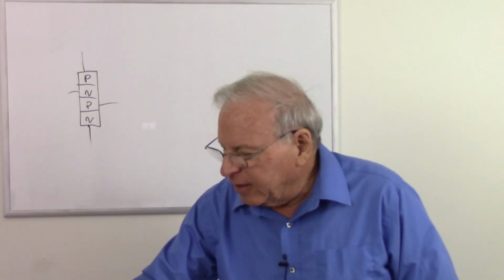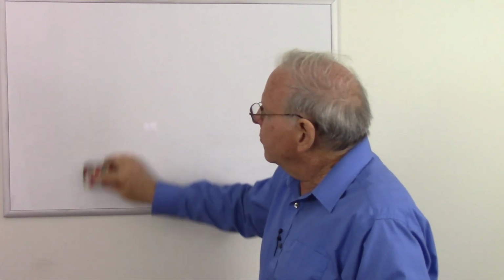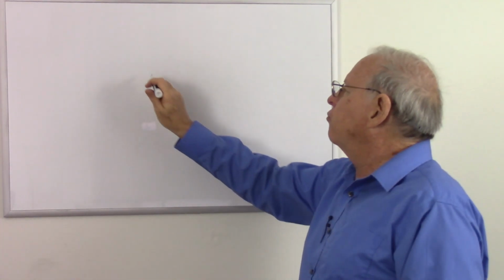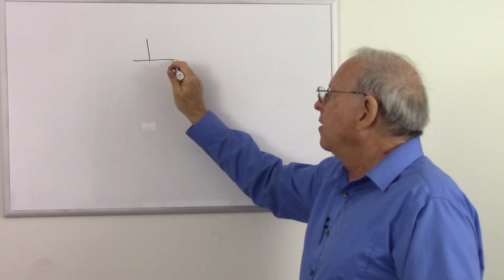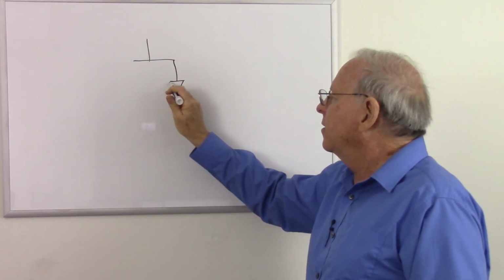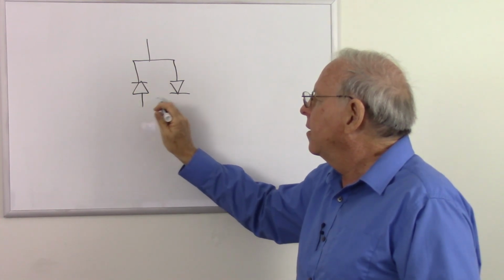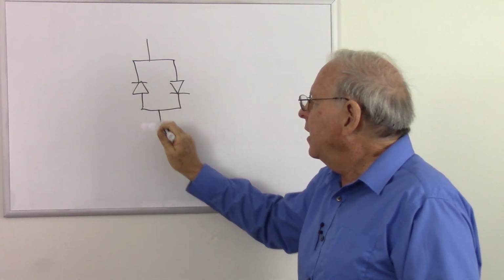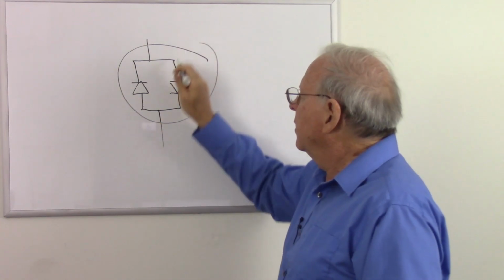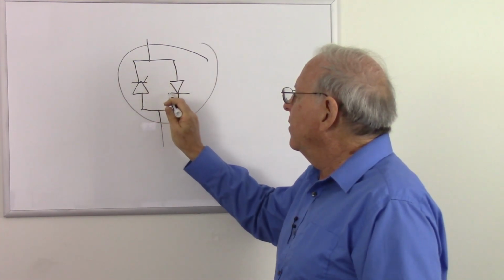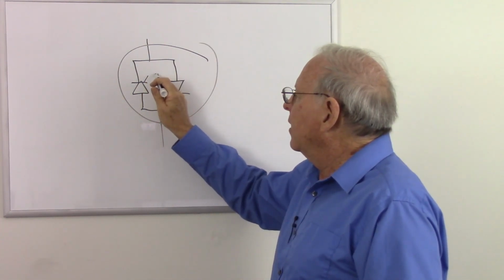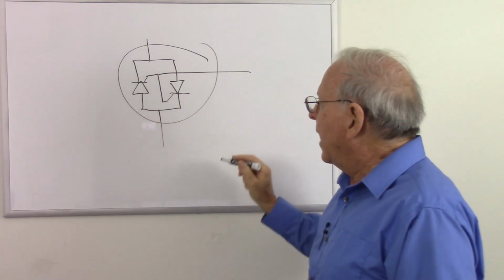And the triac is like 2 silicon controlled rectifiers in parallel in opposite directions, in a single package, of course. So there's 1 gate, there's another gate. They are connected together and they come out of the package.